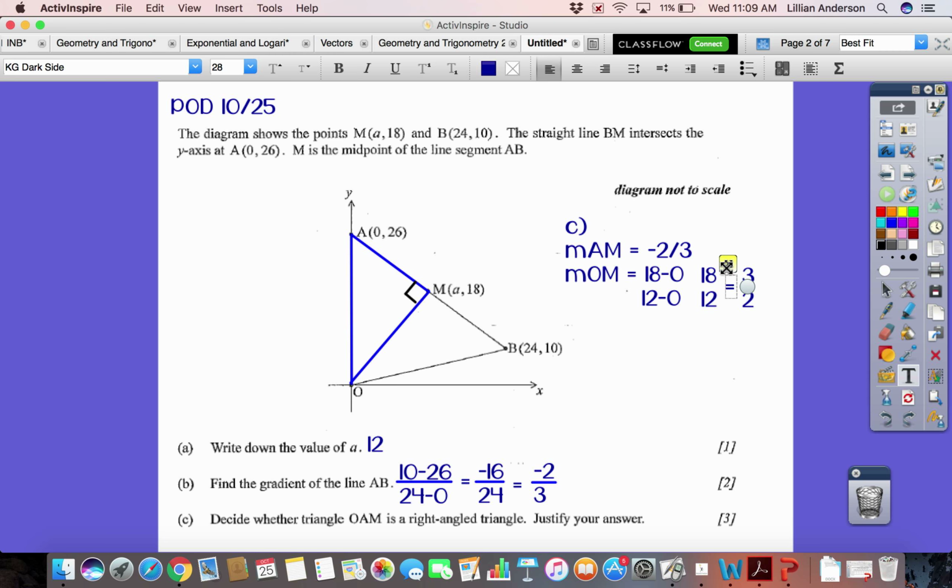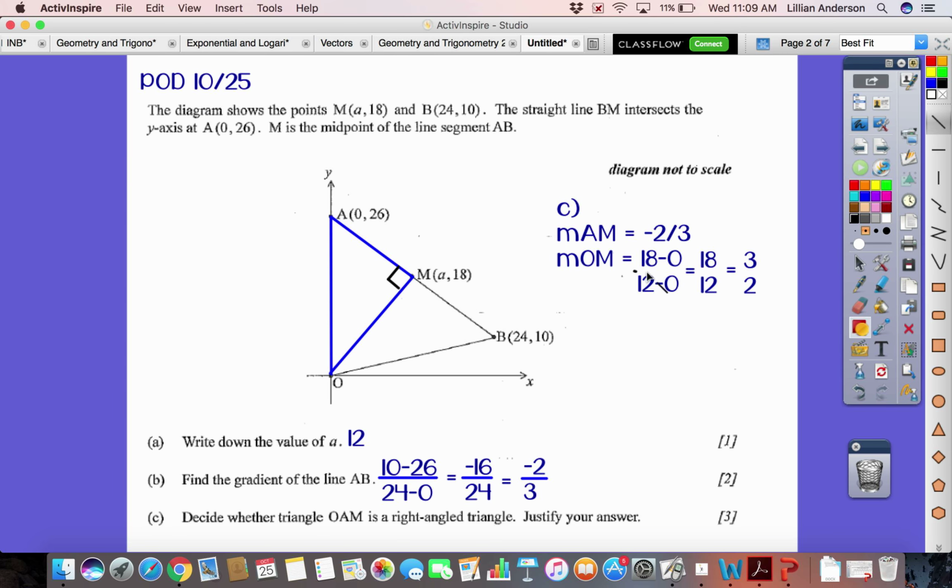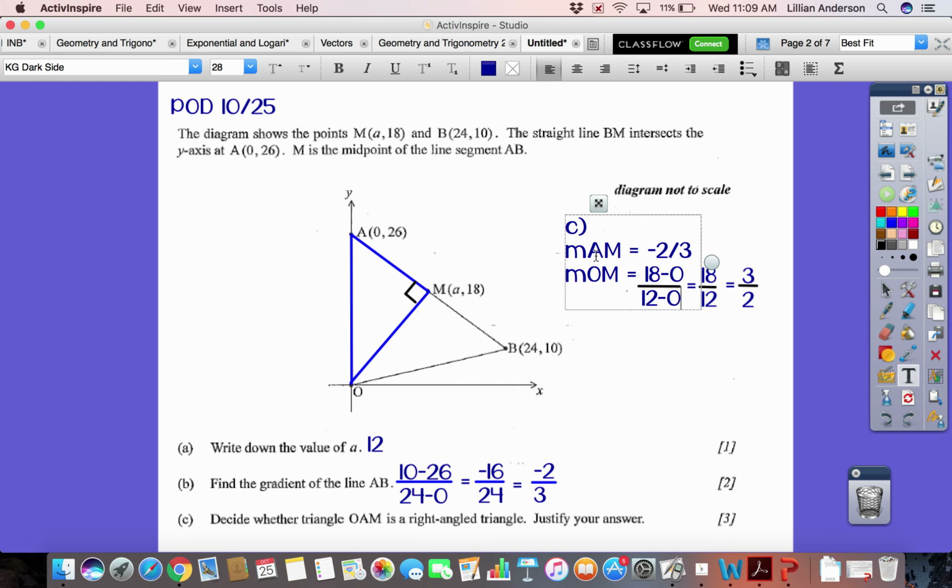And so by finding the slope of OM, what you can do is to determine if that is indeed a 90-degree angle, like I mentioned earlier, several days ago, which was basically that if 2 lines are indeed perpendicular, then their product, when you multiply them together, will give you -1.